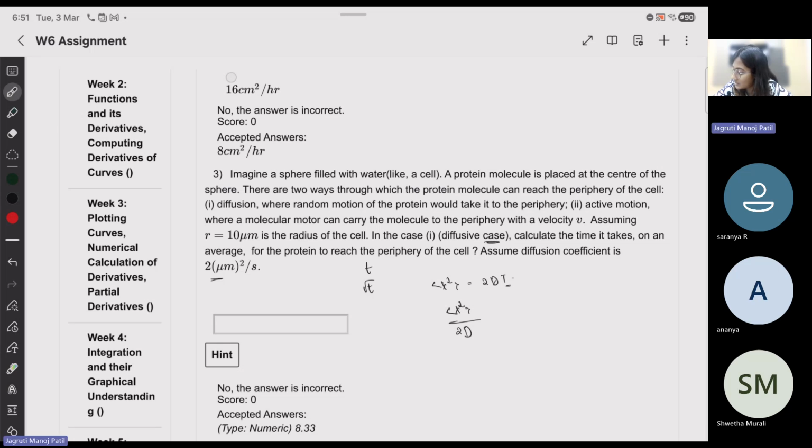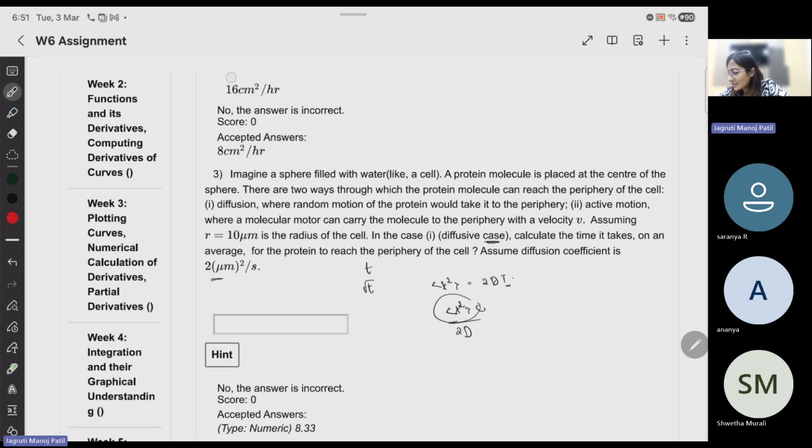But now units. Where are we lagging behind? We have micrometer, micrometer squared per second. Where are we going wrong? If it was not for this question and I didn't have the solution key, I wouldn't have realized, but it's good that we are doing it beforehand. Here x stands for the entire distance that it's traveling through.